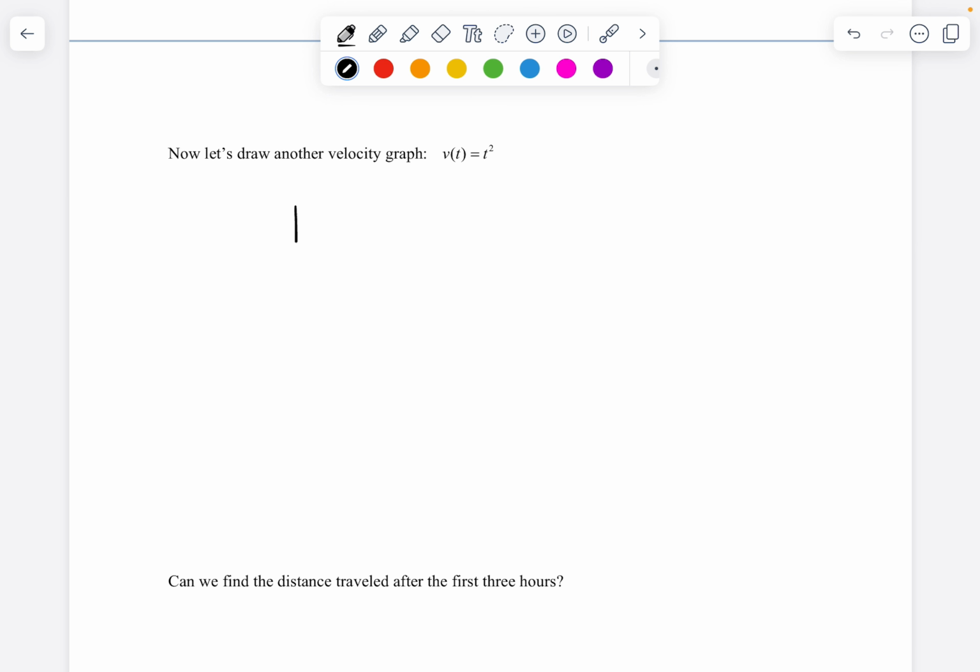So let's draw a nice little x and y axis, okay? And let's graph this equation. So we have t equals 0, so 0 squared is 0. When time is 1, it should be at 1. When time is 2, it should be at 4.